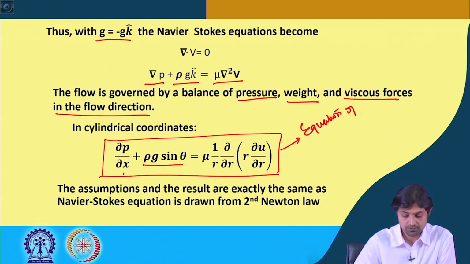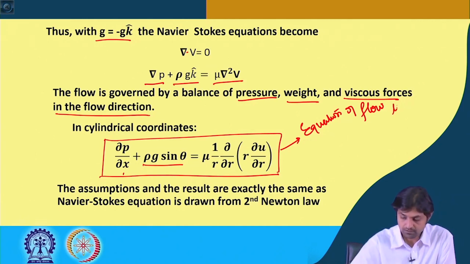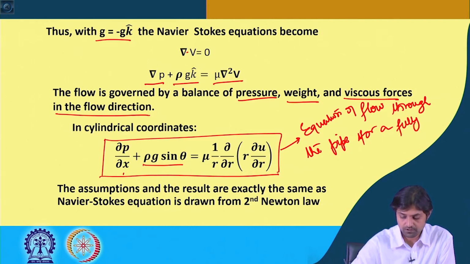equation of flow through the pipe for a fully developed laminar flow.